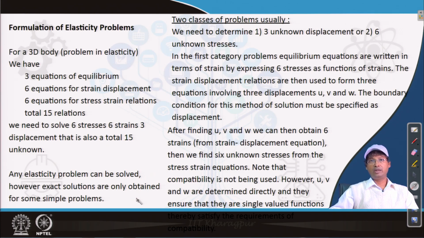But the question may come, why then do we need to learn it if it is not able to solve? Because of the approximate methods I just mentioned, the most popular is the finite element method. Nowadays people probably refer more to the commercial names, but the fundamental basis of those is also the theory of elasticity.